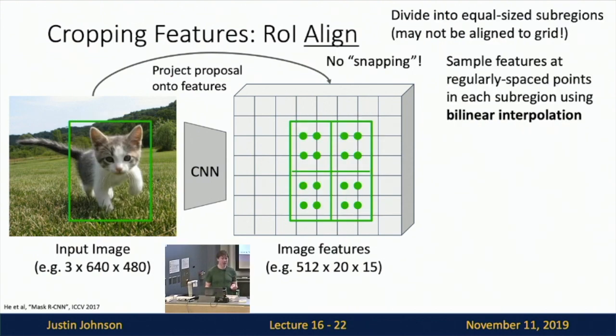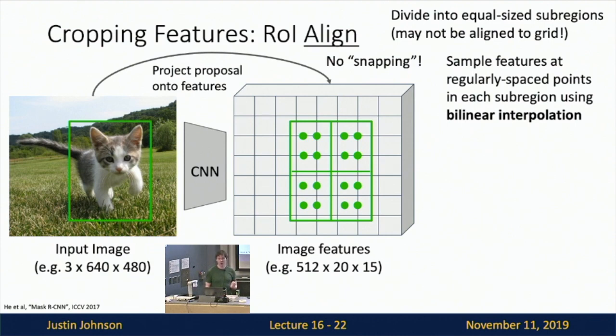The fix for this is the ROI align operation that we did not have time last time to talk about in detail. But I wanted to go over it today because you will be implementing it on your homework in assignment 5, so it seems like something we should talk about in lecture. The idea with ROI align is that we want to fix these problems by removing all of the snapping that's happening inside ROI pool.